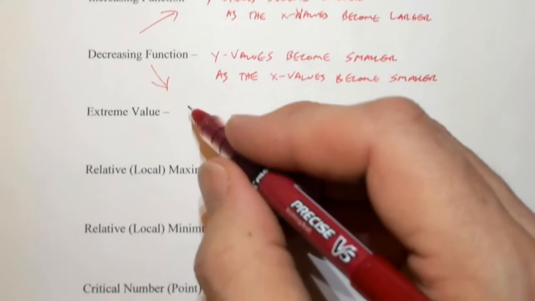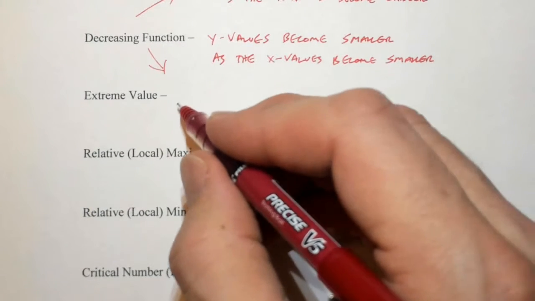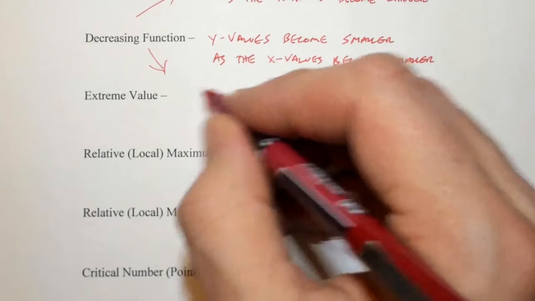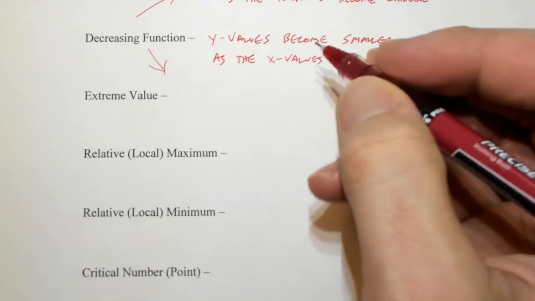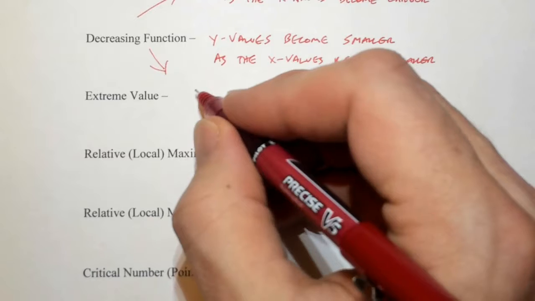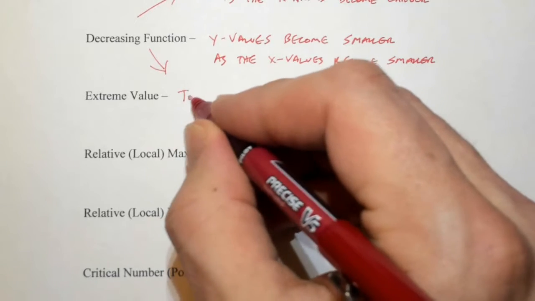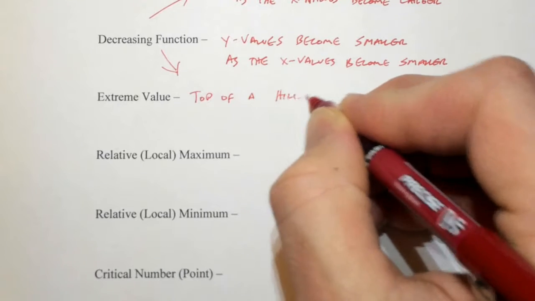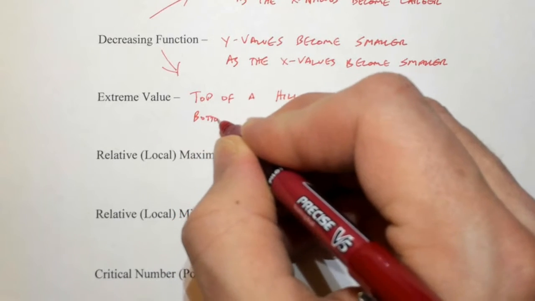Now, an extreme value is one in which we are at the highest or lowest point. So an extreme value is the top of the hill or the bottom of the valley.